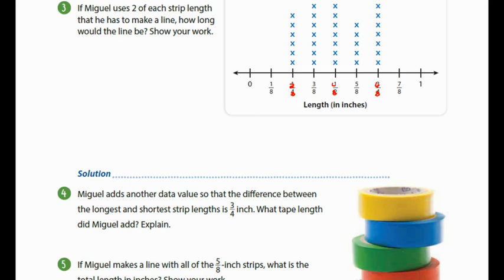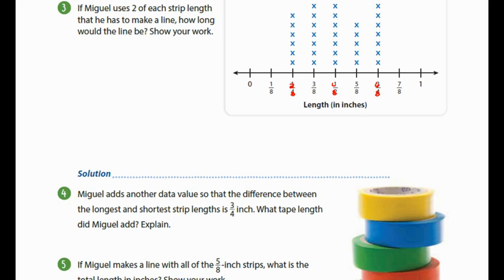So number 3 is saying, guys, we're going to take all of these and act like he has 2 of each one. And if he has 2 of each one, we add all those up together and figure out how long that would be.